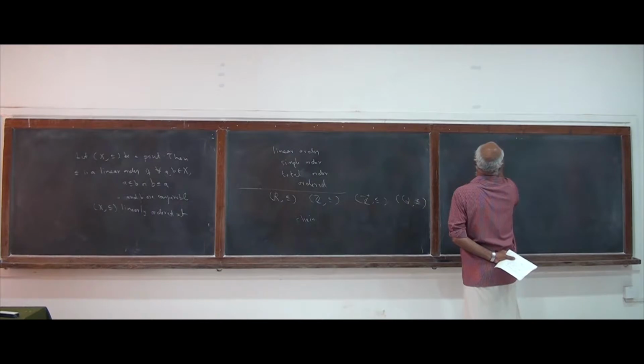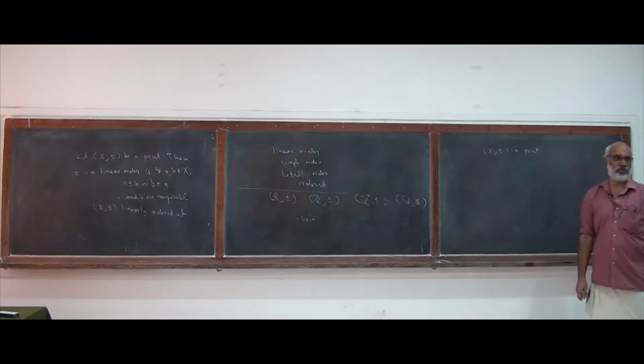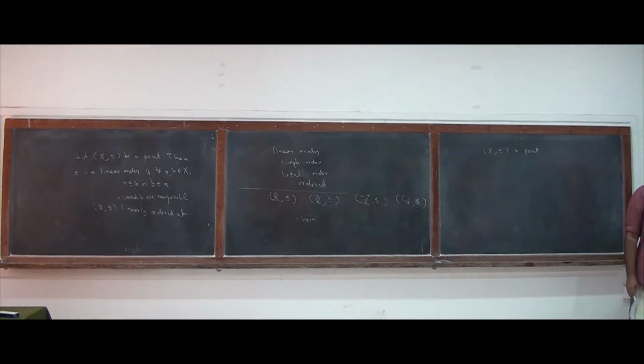Now, suppose that (X, ≤) is a poset. Poset is an abbreviation for partially ordered set.